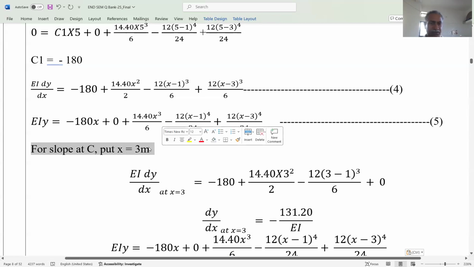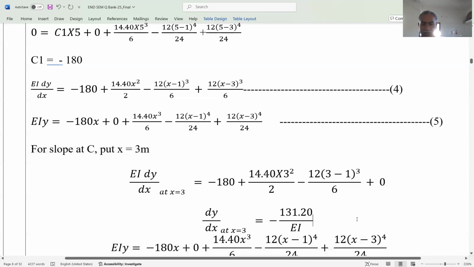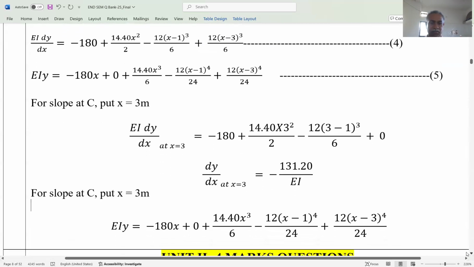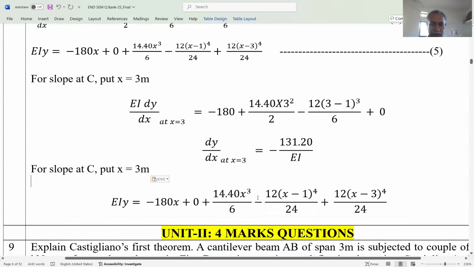For deflection at C, again I put x is equal to 3 meter. So here at C, put x is equal to 3 meter and find the deflection. C2 is definitely 0, C1 is equal to minus 180.